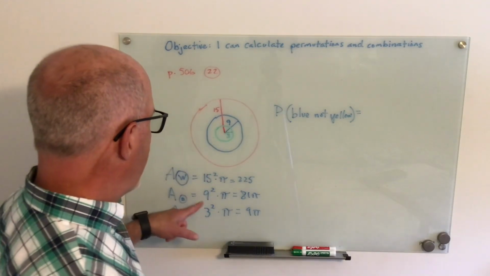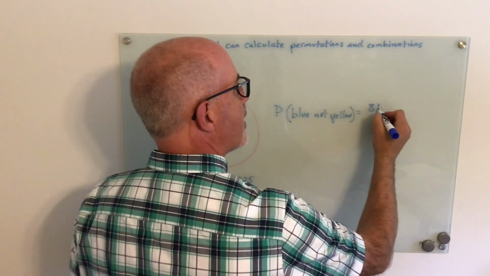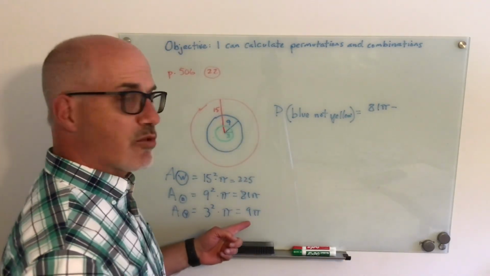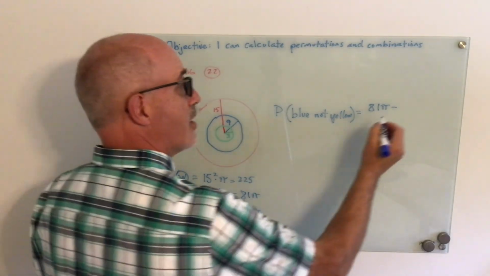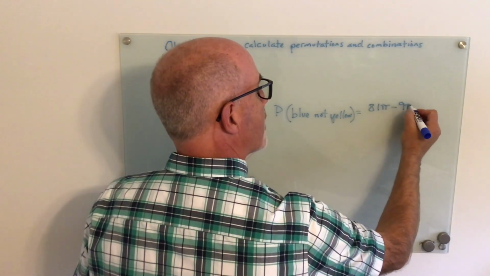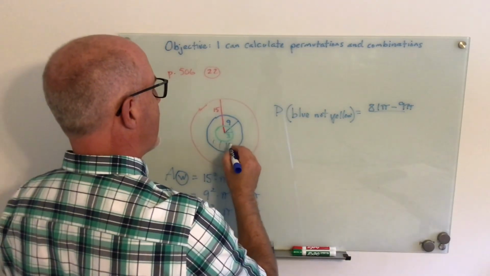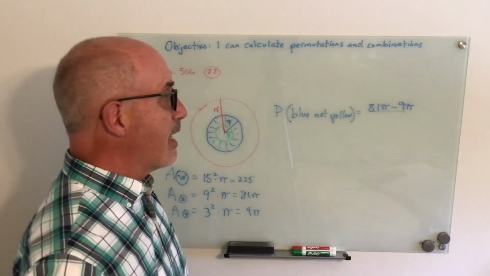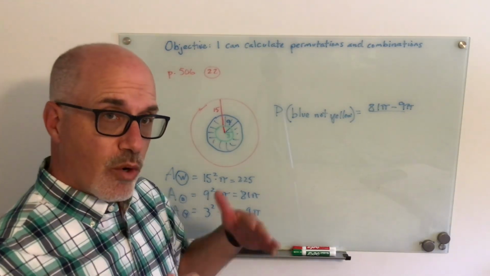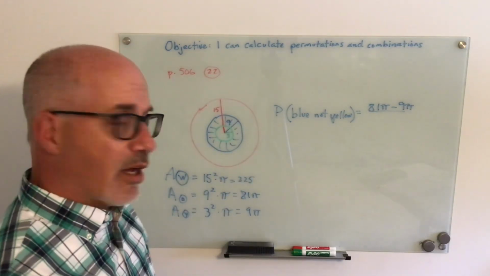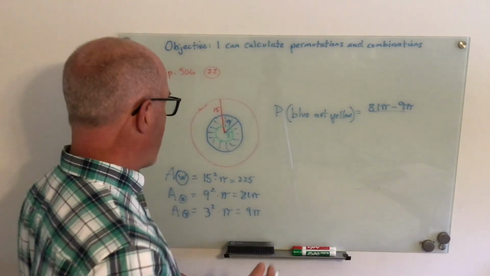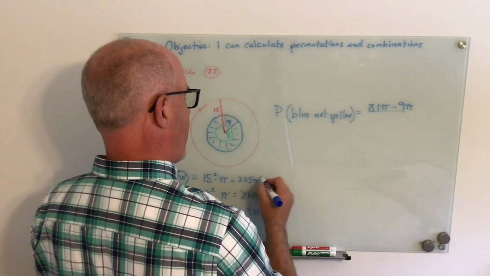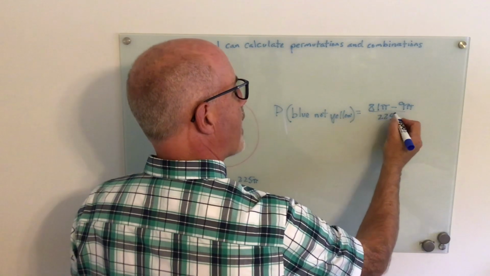The blue area is 81 pi. That's success, but I've got to have it outside of the yellow area, so I'm going to subtract off the 9 pi circle. That will give me this area here that's outside the yellow but inside the blue. I have to divide that by the total area of the entire figure, which is the white circle, and that's going to be 225 pi.